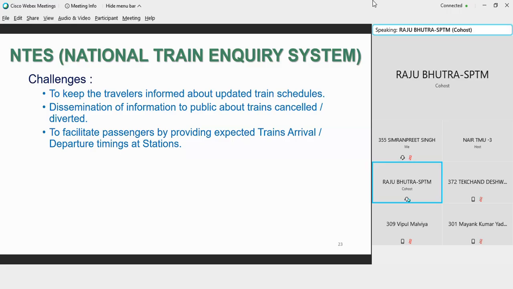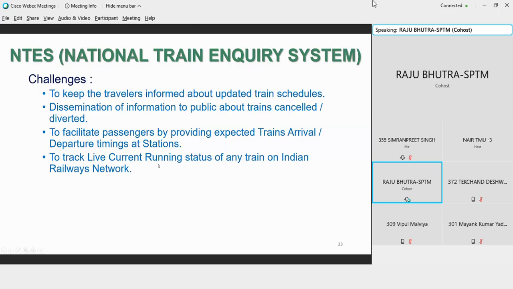So it is very important to provide the expected timing of arrival and departure of trains at various stations.